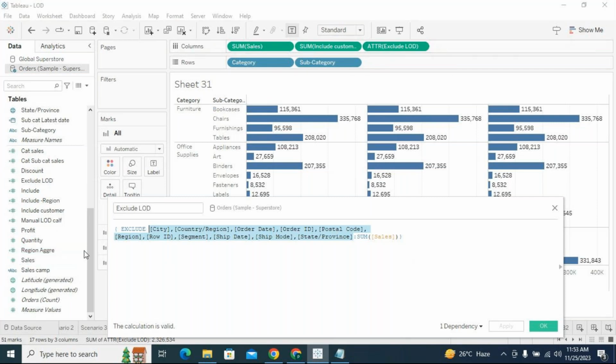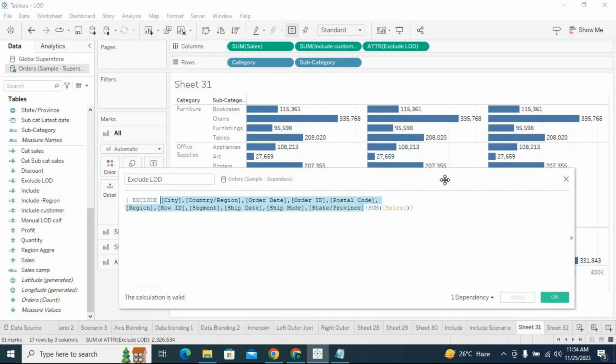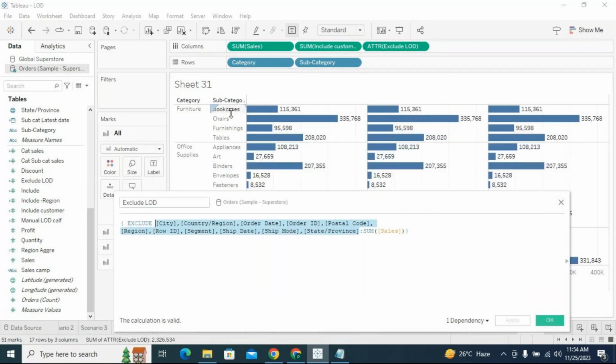It will exclude the specified dimension level aggregation, and it gets executed at remaining dimensions which were not mentioned here. Remaining dimensions, what were not mentioned here? I did not mention category, subcategory, product and customer, correct?